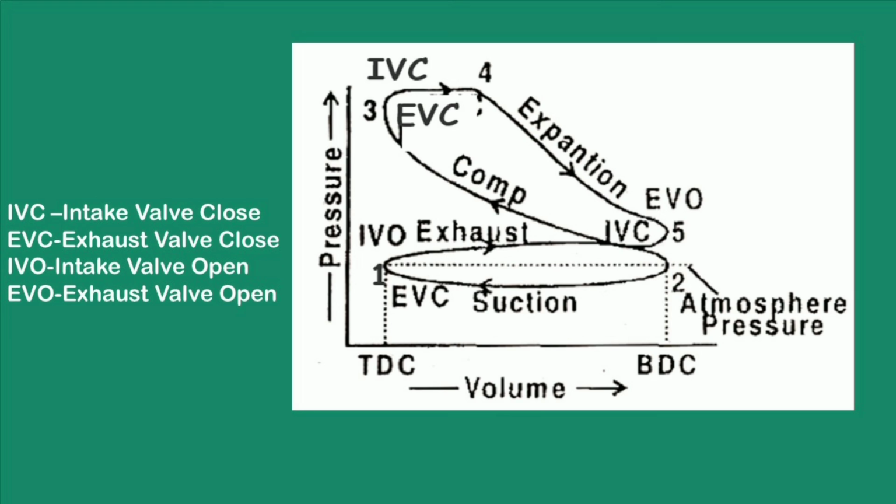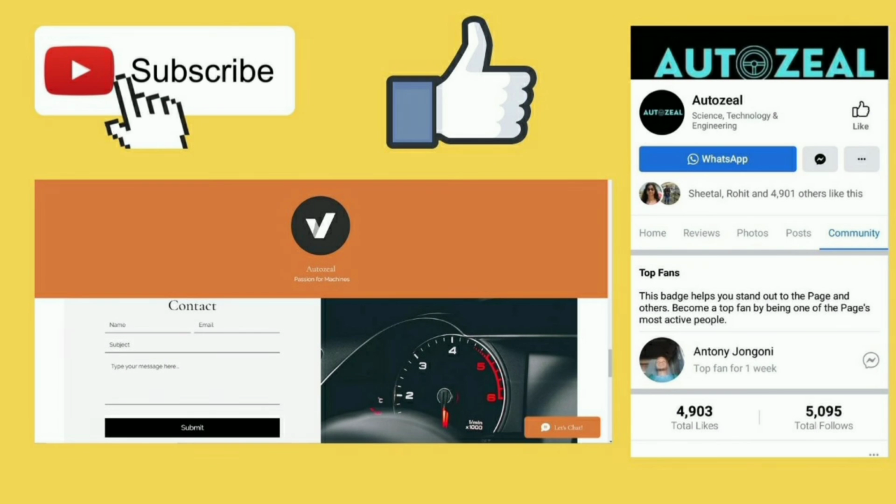The piston now moves from bottom dead center to top dead center. At the end of the exhaust stroke, the exhaust valve closes and the intake valve opens. Again, the cycle repeats as suction, compression, expansion and exhaust, and so the cycle continues.